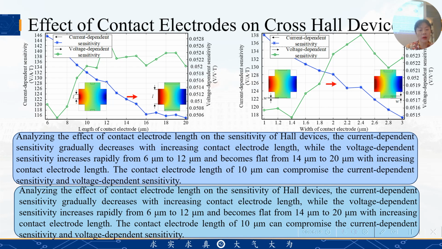The contact electrode length of 10 can compromise the current-dependent sensitivity and the voltage-dependent sensitivity. So we also choose a cross point, which has a good simulation result.